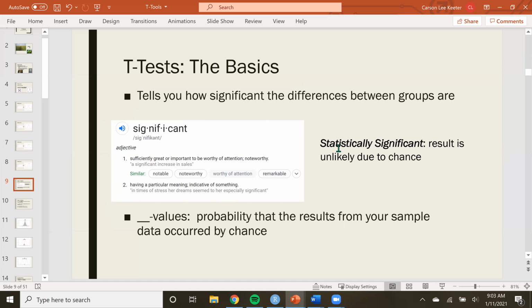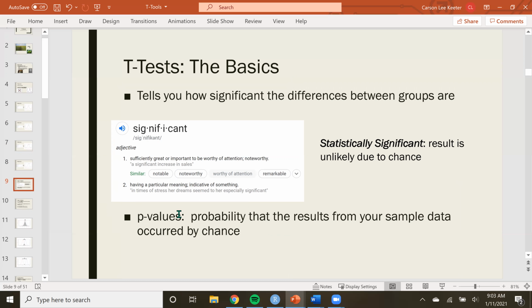How do we determine whether or not this was due to chance? Well, here we are, everyone's favorite, p-value. That's how we calculate the overall statistical significance of whatever conclusion we saw, or whatever result we saw, and whether or not we can trust the conclusions we're about to make, okay?